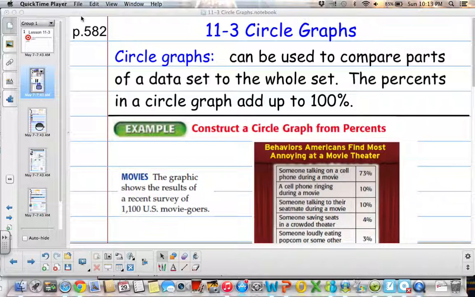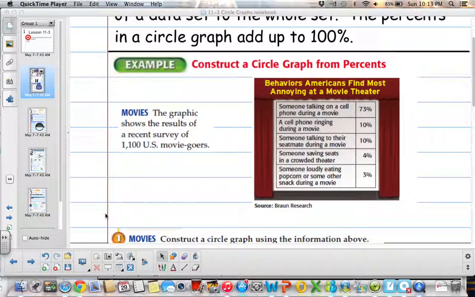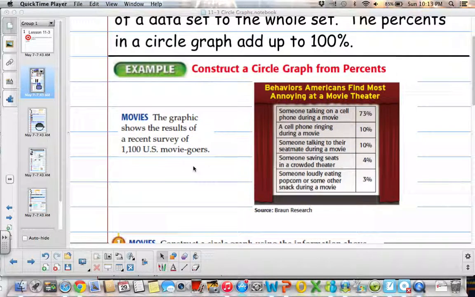So we always find the percentage of whatever the data is out of the whole, and then we're able to make our circle graph. So if we look at our example, there's a table that is titled Behaviors Americans Find Most Annoying at a Movie Theater. And you can see that all of these things that they find annoying are categorized by their percentage.